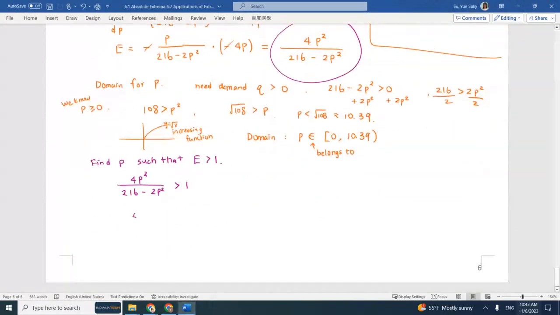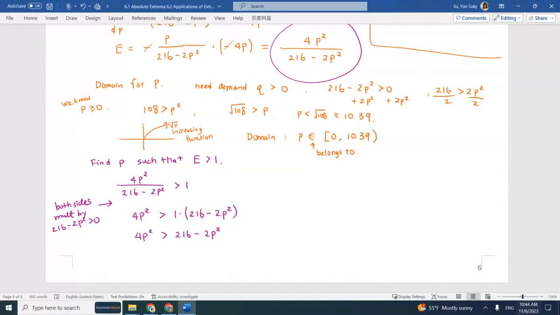We get 4p squared greater than 1 times 216 minus 2p squared. Yes? We can do this because we multiply both sides by 216 minus 2p squared, and this thing is positive. All right, now we have 4p squared greater than 216 minus 2p squared.